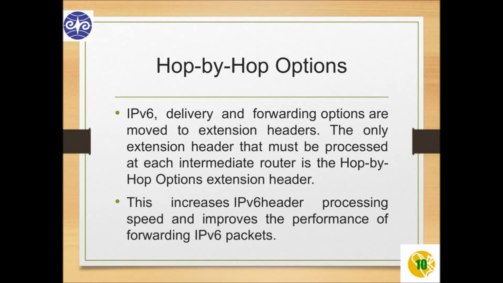Second point, this increases IPv6 header processing speed and improves the performance of forwarding IPv6 packets. Dear students, the second point discusses that when a packet is received by a router, the router will transmit that packet to its forwarding links. So the hop by hop option will be helpful for the switching devices to take decisions for data or packet transmission.